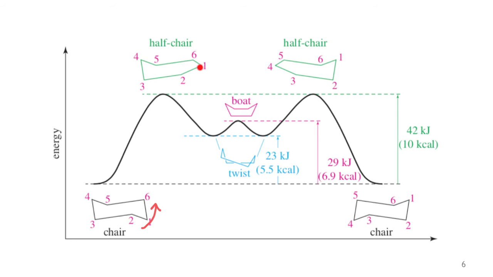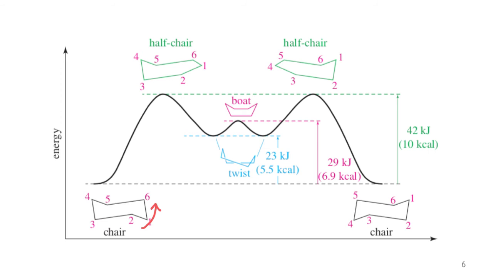But as soon as that moves upward, carbon number 4 can come upward. That would drop us into a twist boat conformation. Now, the twist boat conformation actually exists in 2 different forms, and that would happen by twisting the ends of the boat relative to one another.